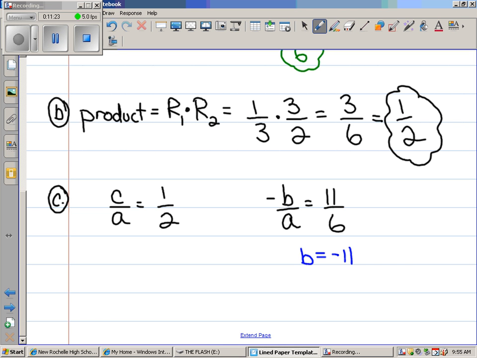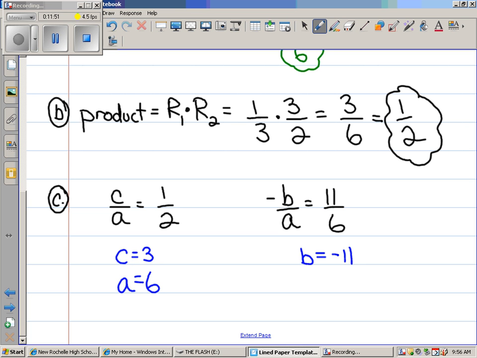Now, this does not bode well, right? You have to get these to match somehow. Here you have A equal to 6, and over here you have C over A equaling a half. So if A happens to be 6, what does C have to be? 3. You're right. C has to equal 3, and A equals 6, right?